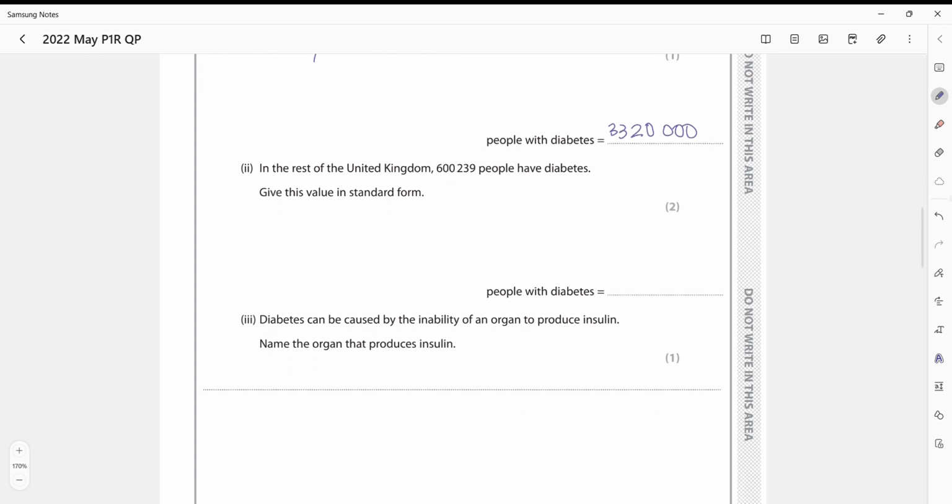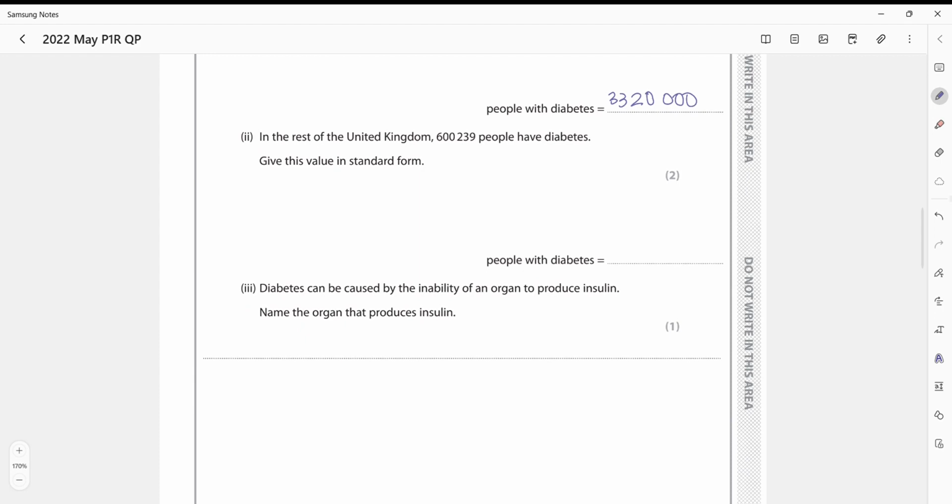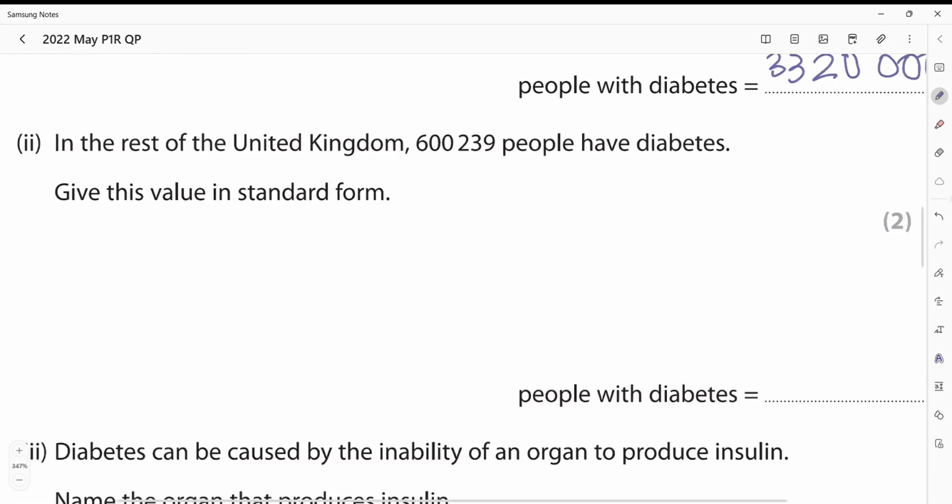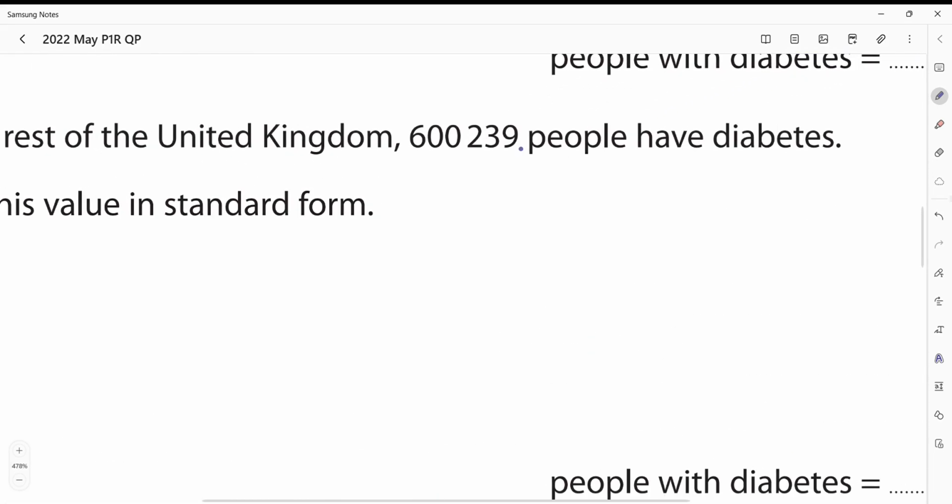Next part. In the rest of the United Kingdom, 600,239 people have diabetes. Give this value in standard form. So standard form would be something times 10 to the power of something, right? In this case, imagine I had a decimal point here.